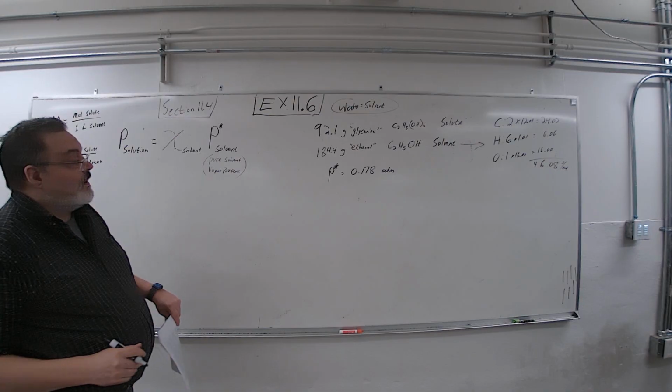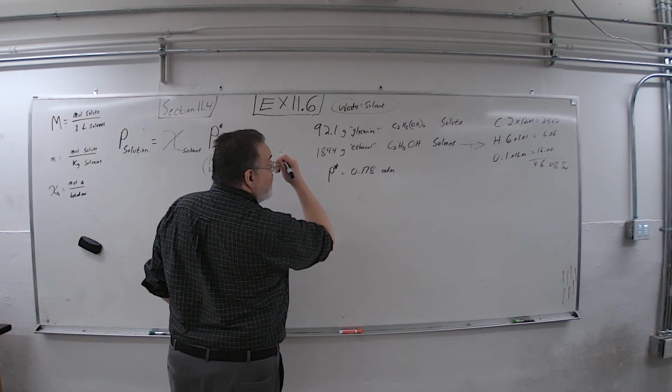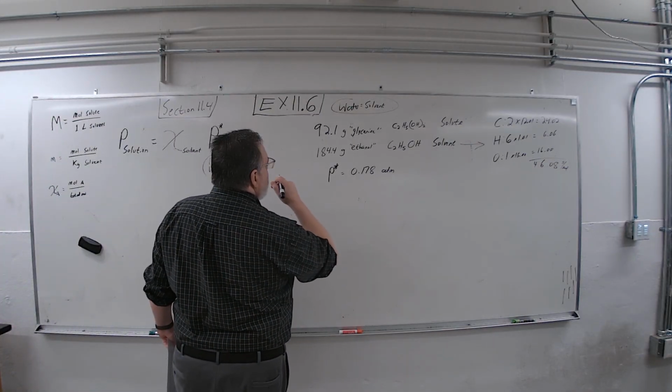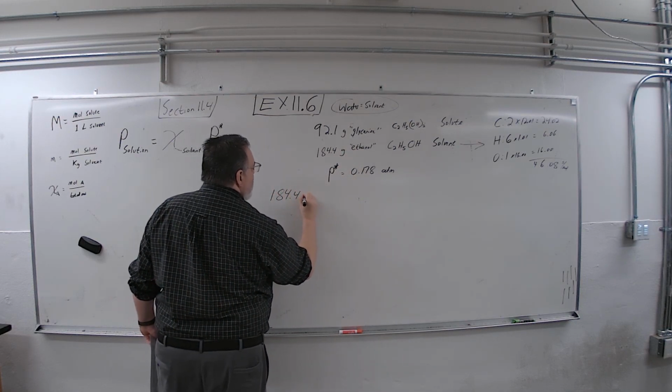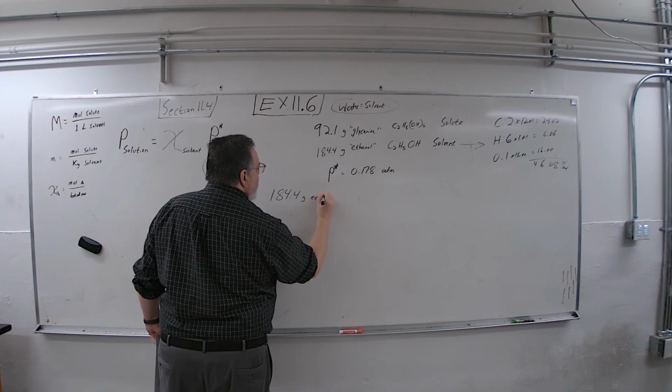Okay. So if that's true, the moles of ethanol, we have 184 grams of ethanol.